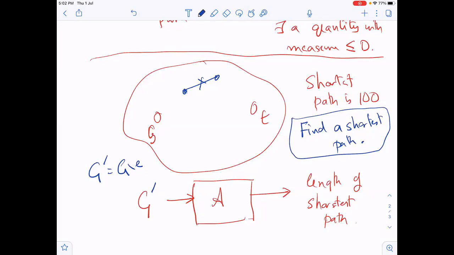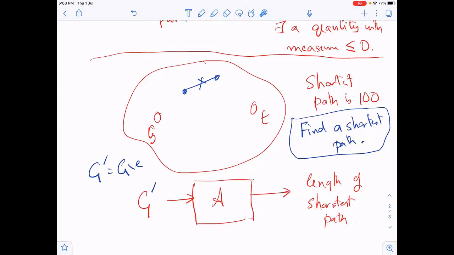The number of times I have to run this algorithm is at most polynomial in the size of the input, because I will have to run it at most m times, and m is the total number of edges. As long as all that you hear about is polynomials, you are fine.